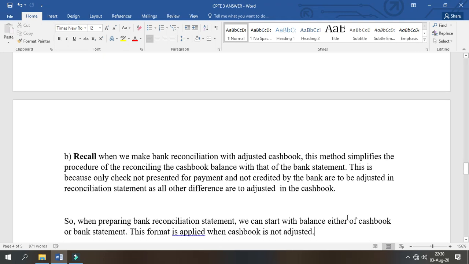So when preparing a bank reconciliation statement, you can start with the balance of either the cash book or the bank statement. Start with the balance we wish. This format is applied when the cash book is not adjusted.